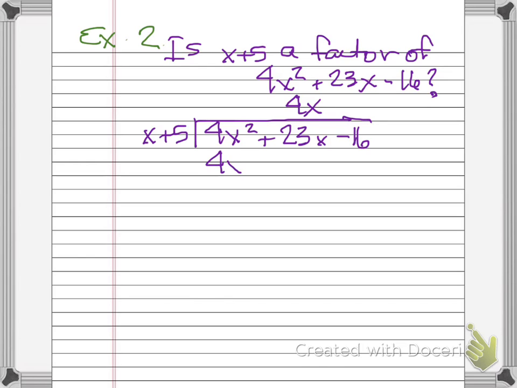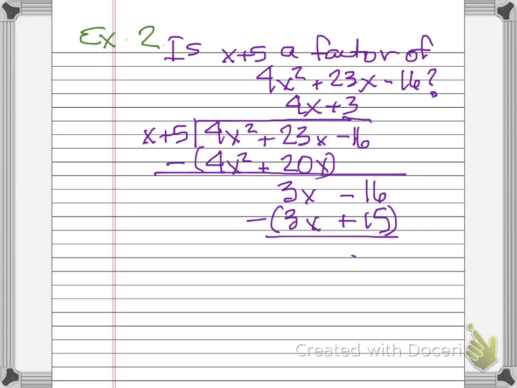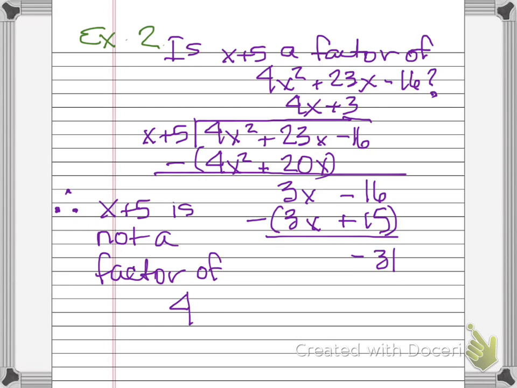We start with 4x and get 4x squared plus 20x. Then we subtract. Then we multiply by 3. Then we subtract. We end up with negative 31. Therefore, x plus 5 is not a factor because we have a remainder.